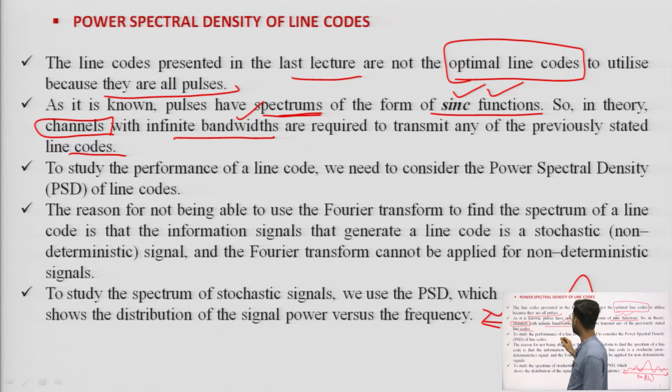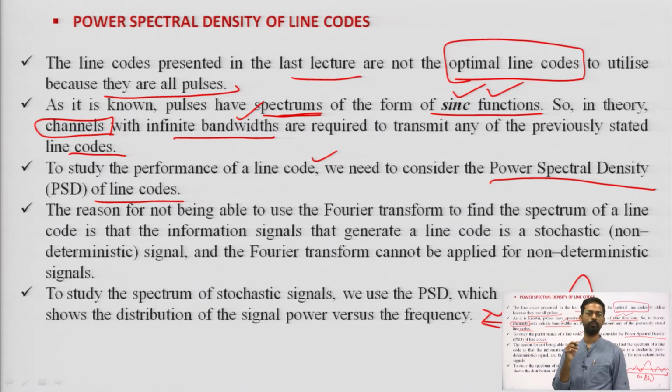So, to study the performance of line code, we need to consider the power spectral density of the line code. That is how to minimize this bandwidth, or how to process the signal in the finite channel bandwidth. So, we will use the power spectral density approach in the line code to overcome the problem.